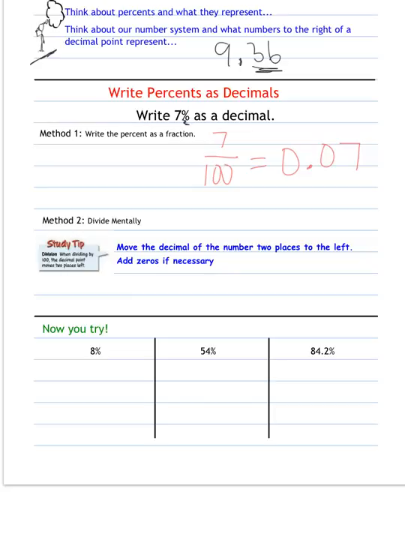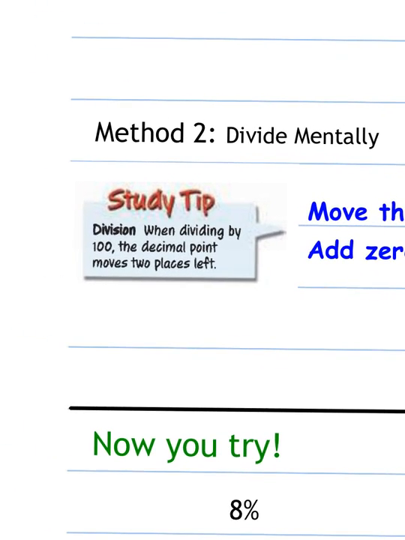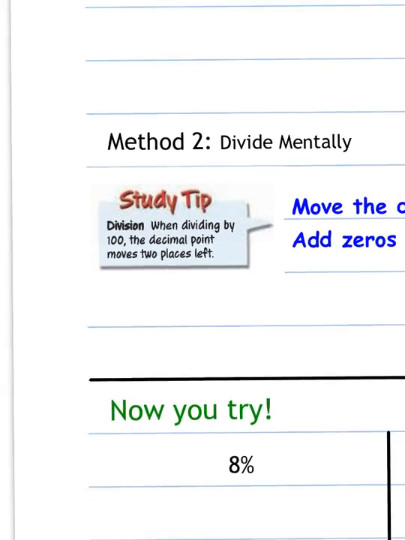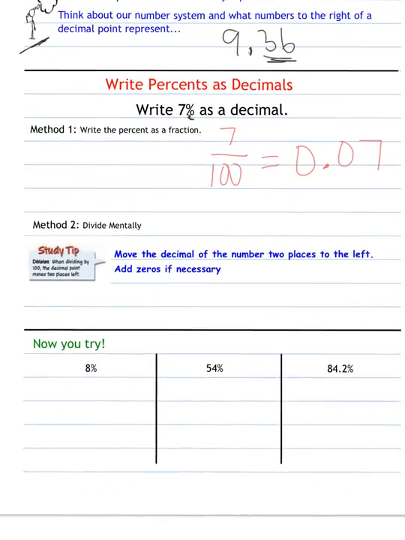The second method is to divide mentally. So if you think about this 7 100ths, that's telling us 7 divided by 100. And if we look here, it says when dividing by 100, so anytime we're dividing by 100, the decimal point moves 2 places to the left, okay?